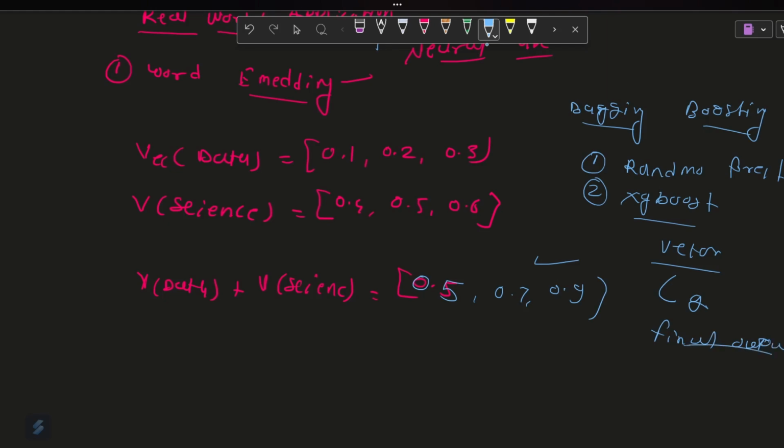Something like that, you create different concepts and different things where vector addition is used. Similarly, word embeddings are useful in computer vision.